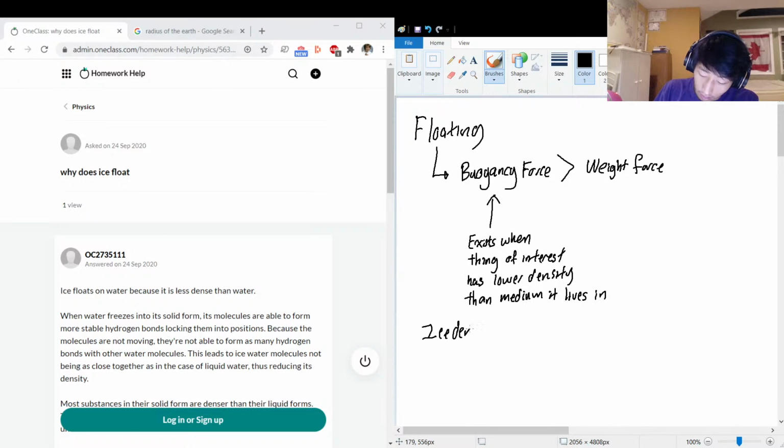Ice density must be less than water density. Because ice density is lower than the water density, there's going to be a buoyancy force, the force of floating, and that's going to overpower the weight force.